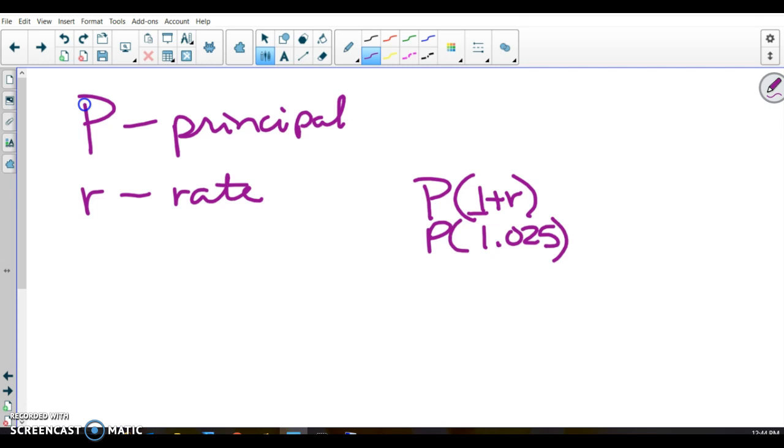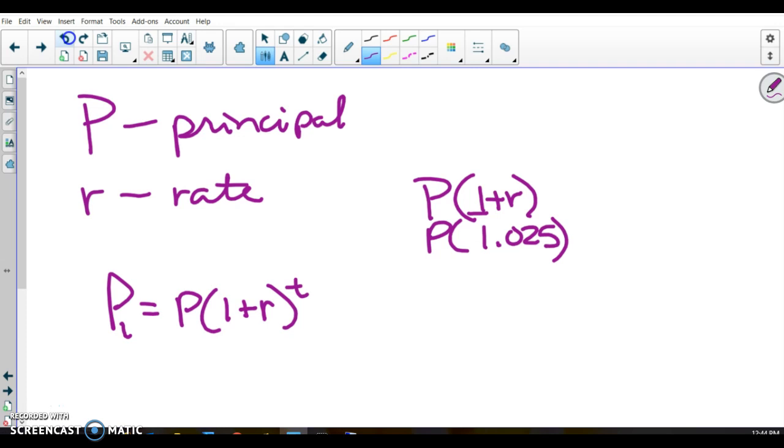Well, if you look at that table, you can see how the formula starts to emerge. The formula for compound interest, the amount at the end of a certain amount of time, is going to equal principal times 1 plus the rate, as we just saw, to the power t years.